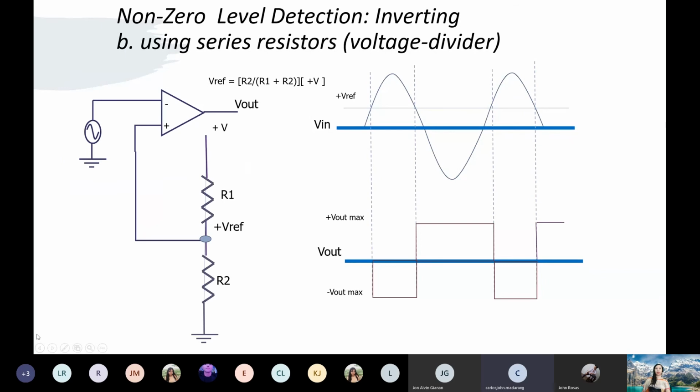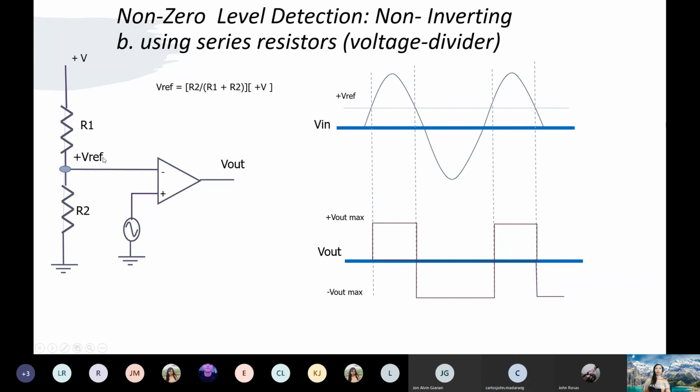Okay, so R1, R2 are connected in series. But take note that the negative voltage here is tapped at R2. Therefore the voltage across R2 can be determined using the voltage divider principle. So Vref is equal to R2 over R1 plus R2 times the positive voltage.